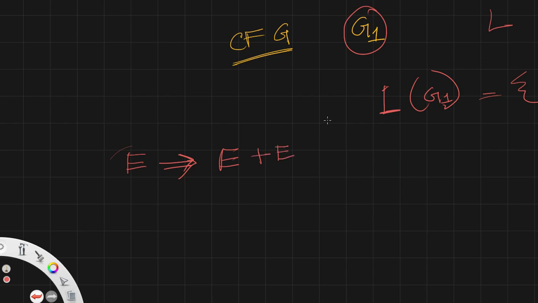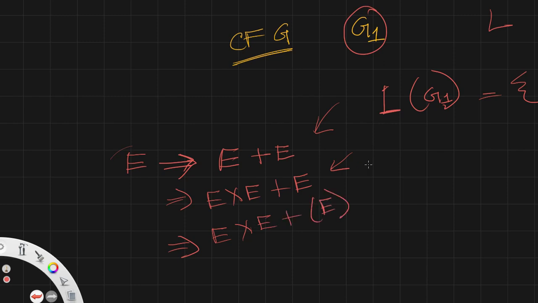This is a sentential form, and I'm going to expand this variable into something like this. This is staying the same. This is another sentential form. I'm going to convert this into this. All right, so this is another sentential form.